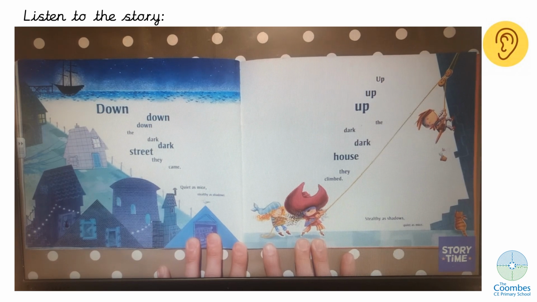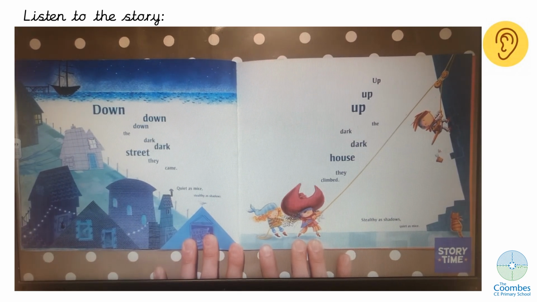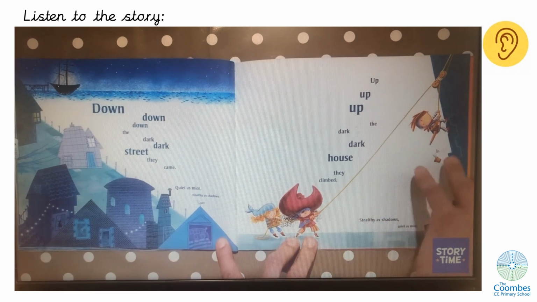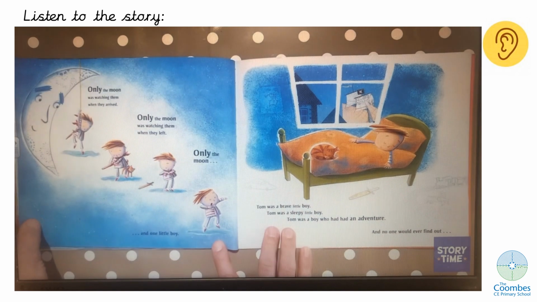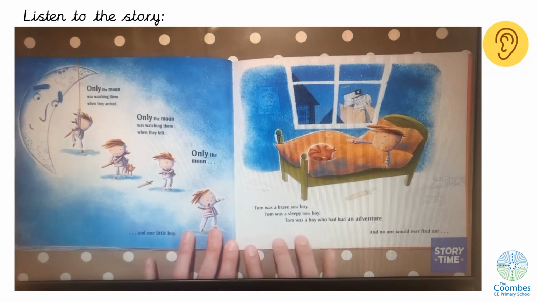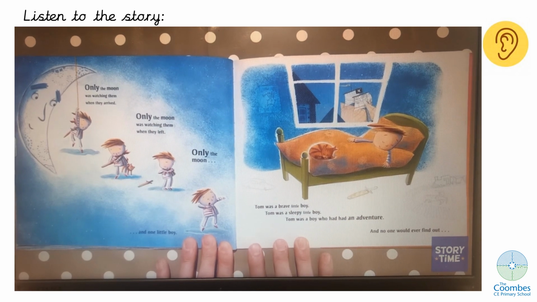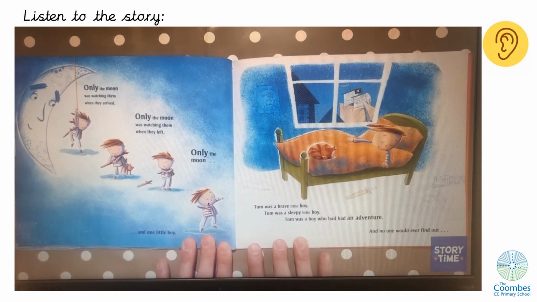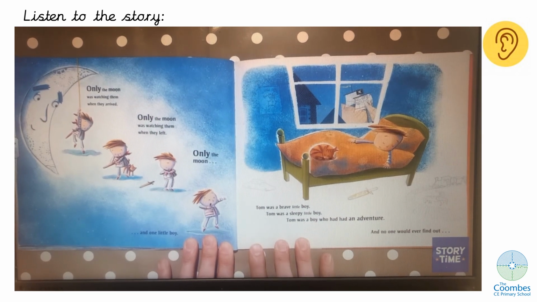Down, down, down the dark, dark street they came, quiet as mice, stealthy as shadows. Up, up, up the dark, dark house they climbed, stealthy as shadows, quiet as mice. Only the moon was watching them when they arrived.